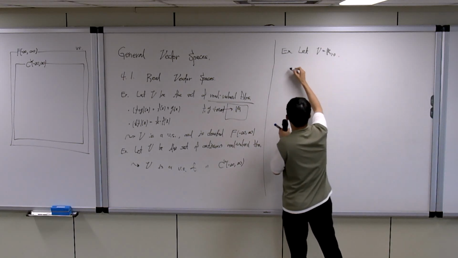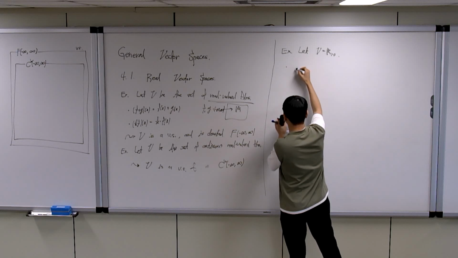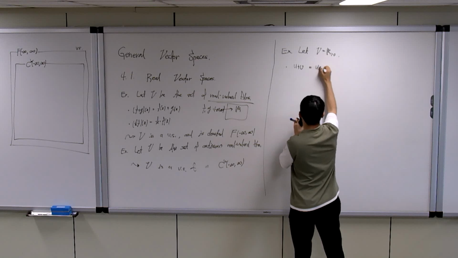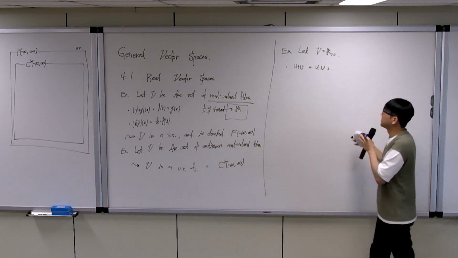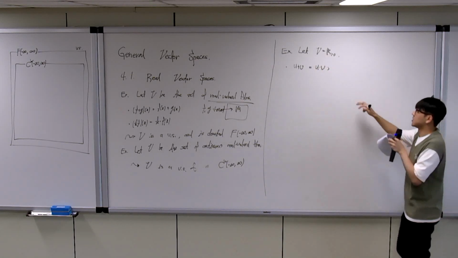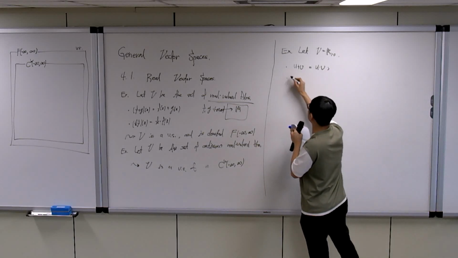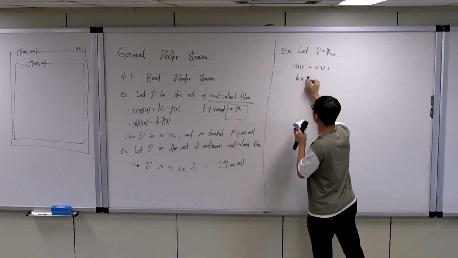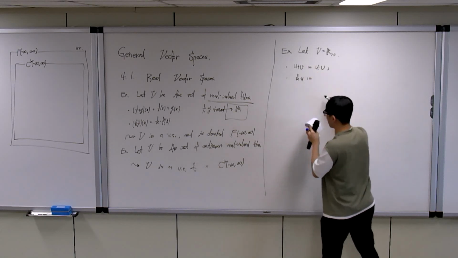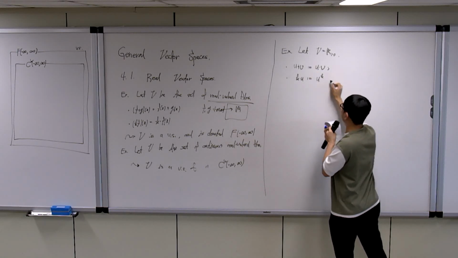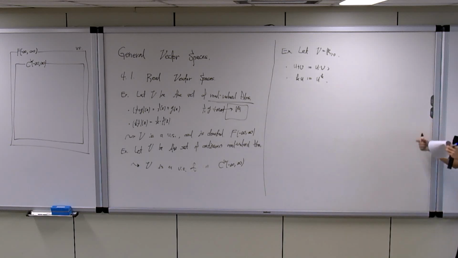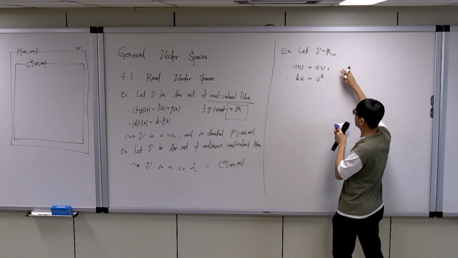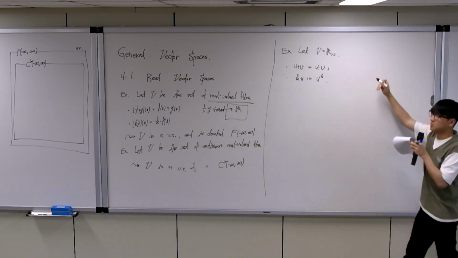However, if you define the addition as a multiplication of the numbers in the real numbers, and if you define the scalar multiplication as u to the k, then it is also closed.